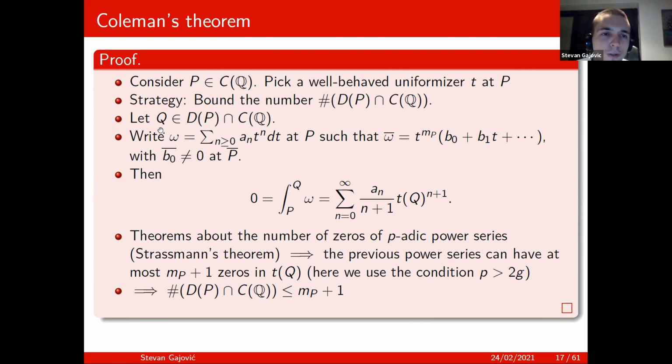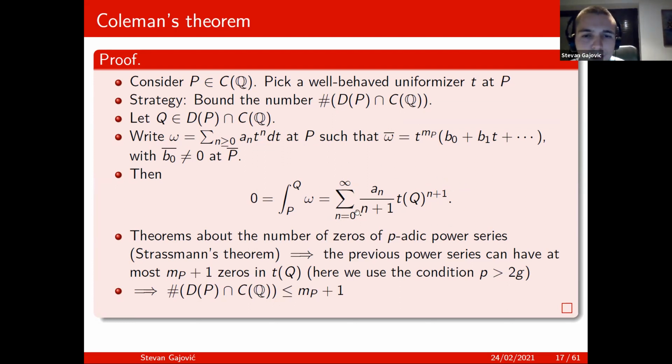How do we do that? If we consider any rational point that reduces to the same point as P modulo the prime p, then we skip some p-adic analysis, but just say that we expand omega in a local parameter at T, and then estimate the number of zeros of this power series.